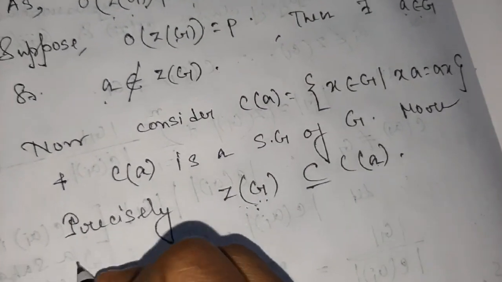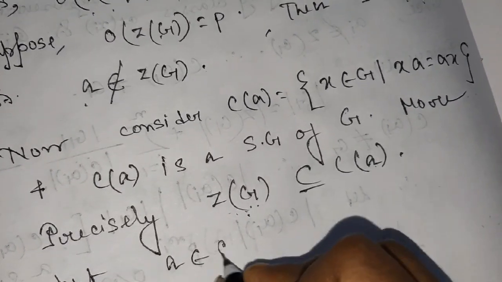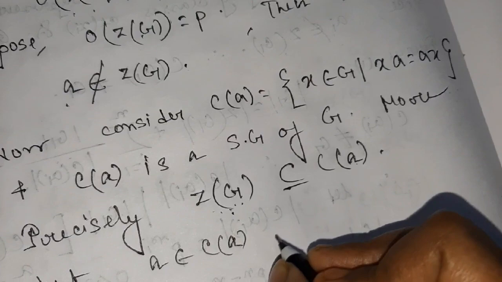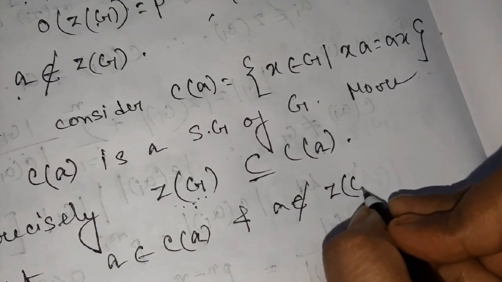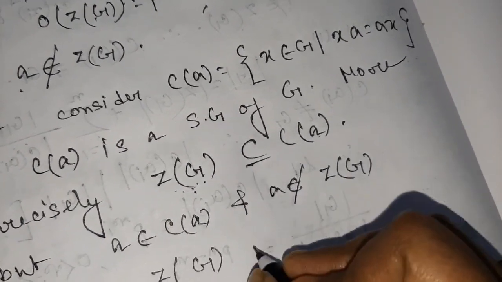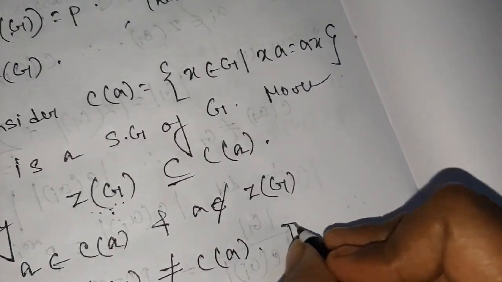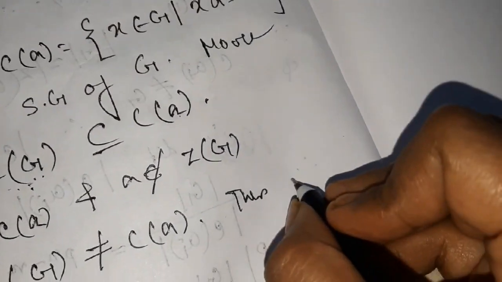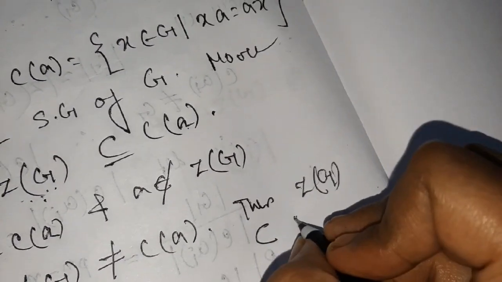Now, A belongs to C of A, it is very true, and A does not belong to ZG, which we have assumed. Therefore, ZG is not equal to CA. Thus, ZG will be a proper subgroup of CA.